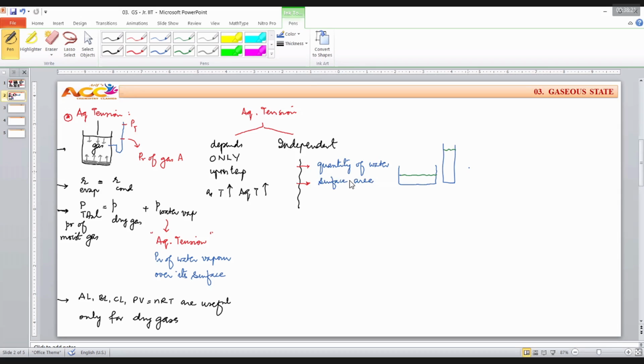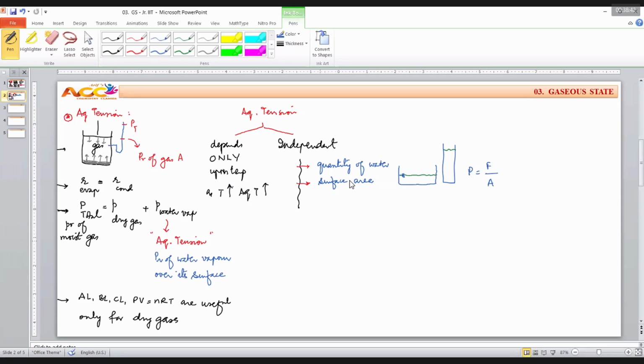Yes, I can say this because pressure is defined as force per unit area, 1 centimeter, 1 centimeter, not necessarily the whole area. Therefore, remember that the aqueous tension is independent of quantity of water, it is independent of surface area. Okay.